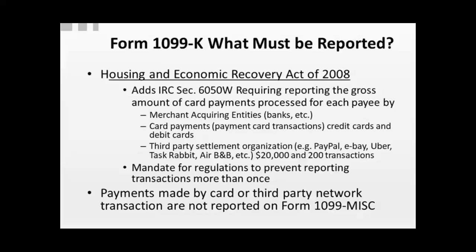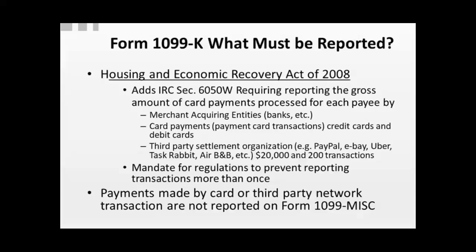This is for card payments, payment card transactions, credit cards, and debit cards. Not generally store cards where they're handling that themselves. This is going to be a third-party intermediary collecting the money and putting it into the merchant's account. Also, third-party settlement organizations such as PayPal and Square are required to report transactions as well.